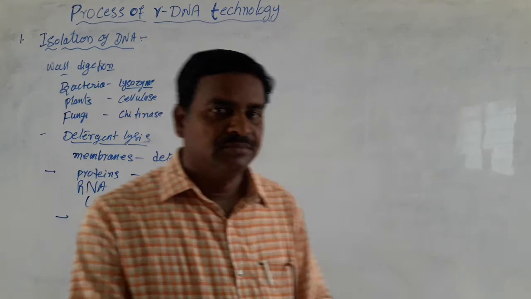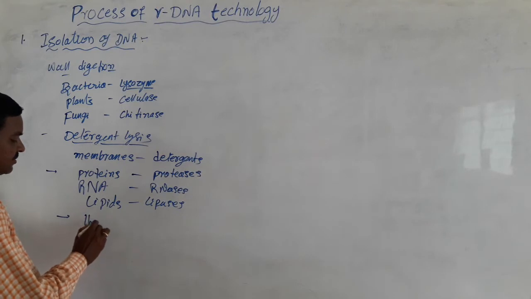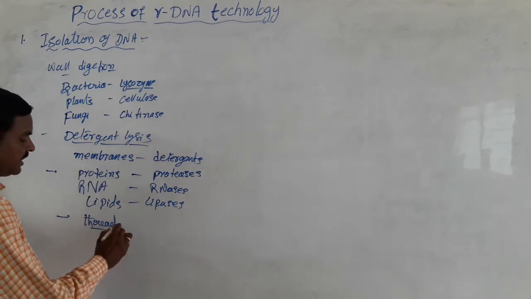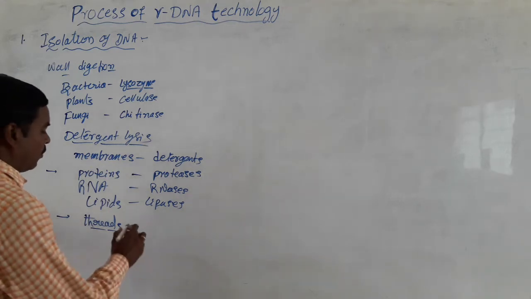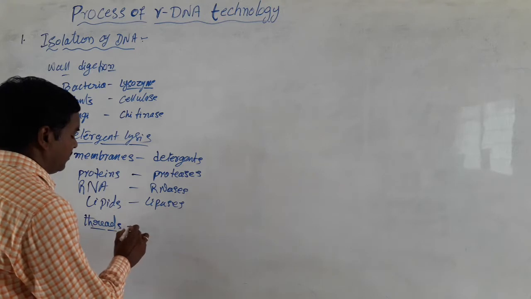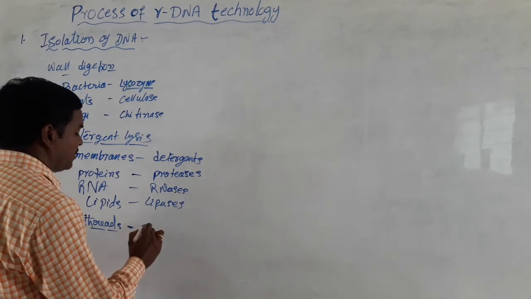Now DNA is visualized like threads. These DNA threads are separated and extracted after the addition of chilled ethanol.